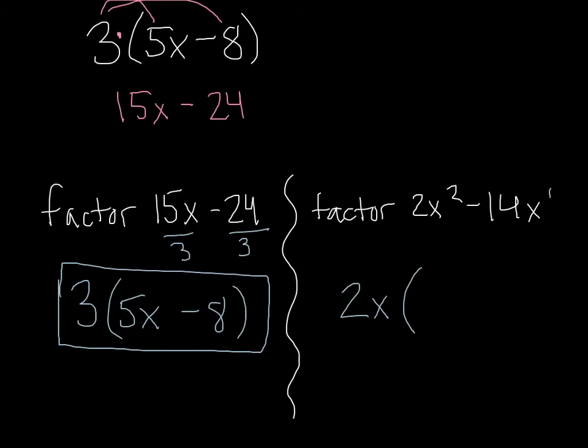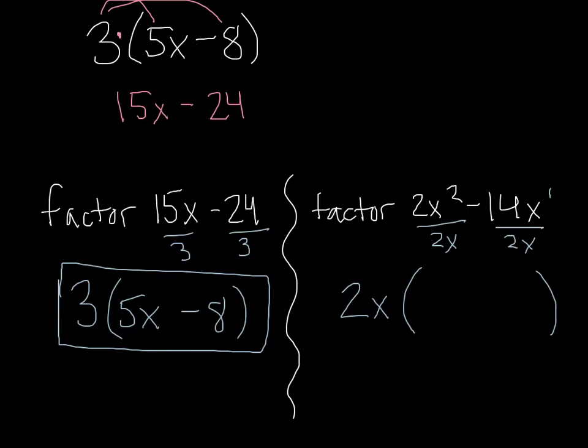So I'm going to factor a 2x out of this binomial right here. And just like in the previous example, the opposite of factoring is multiplying, and the opposite of multiplying is dividing. So when we factor this out, we're actually going to divide each term by the GCF, and that's going to get us our final answer.